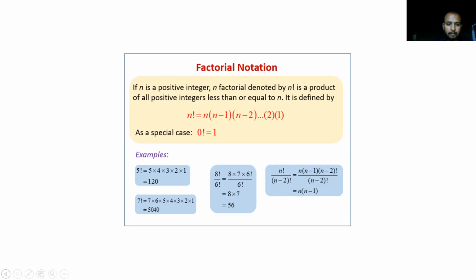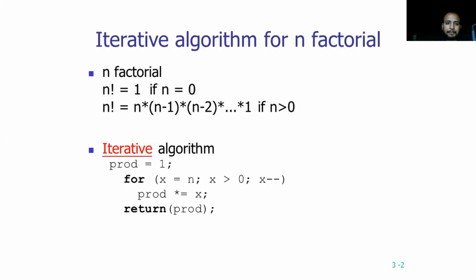So Fibonacci of 5 will go like this: 5, then 4, then 3, then 2, then 1, and now you have to take the product of it. Fibonacci of 7 will go 7, 6, in this way.